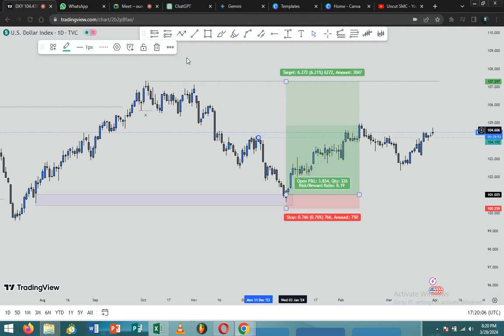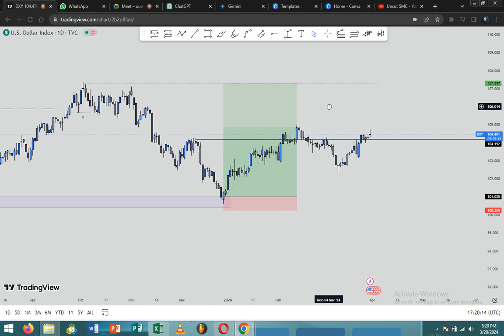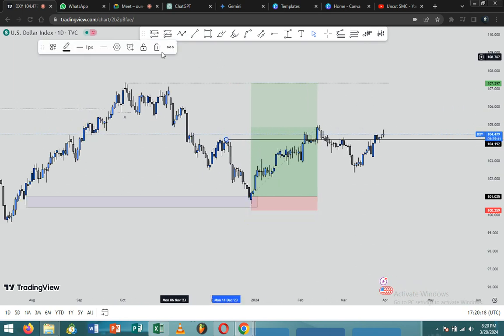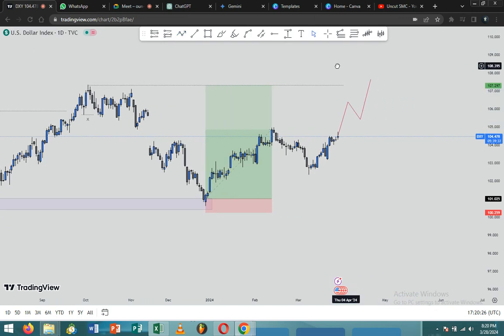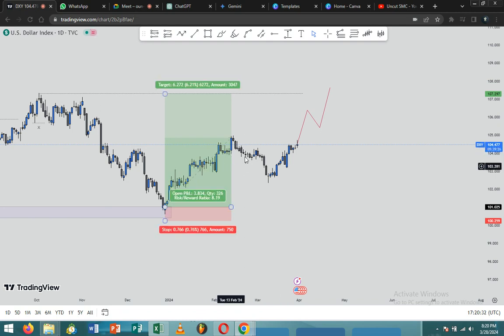You see that target was already hit. At this time we expect the dollar to be pushing higher until we reach this point. So everything we shall be doing, we shall be considering the dollar to be bullish.